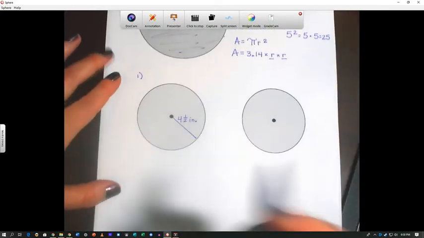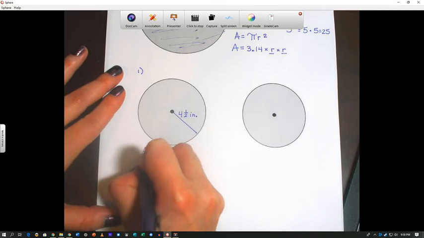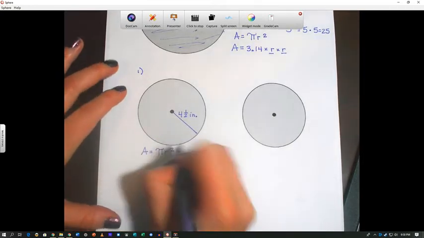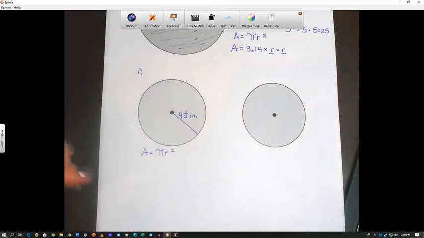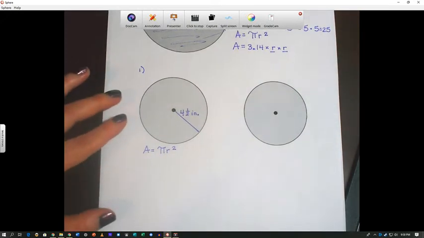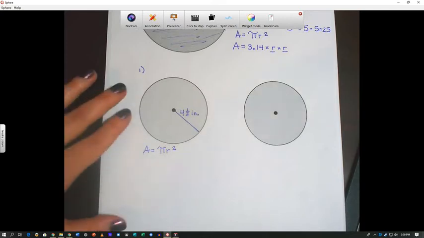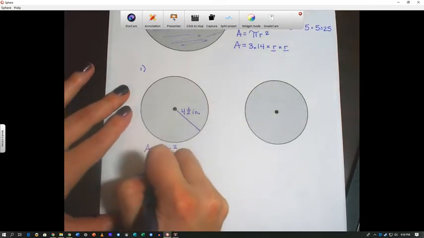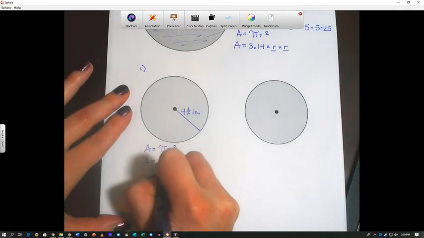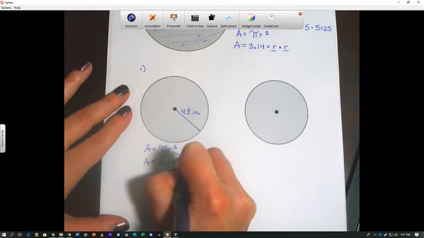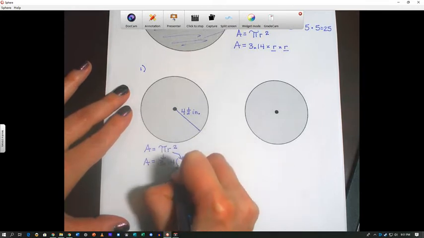So I'm going to write out the formula again, because the more we write out each formula, the more we're going to remember it, and it's going to stick in our mind. So the area is pi times the radius squared. Well, I know that pi is 3.14, and the radius is 4.5.